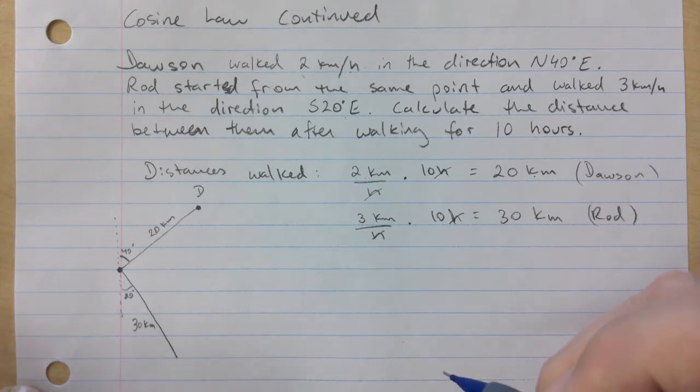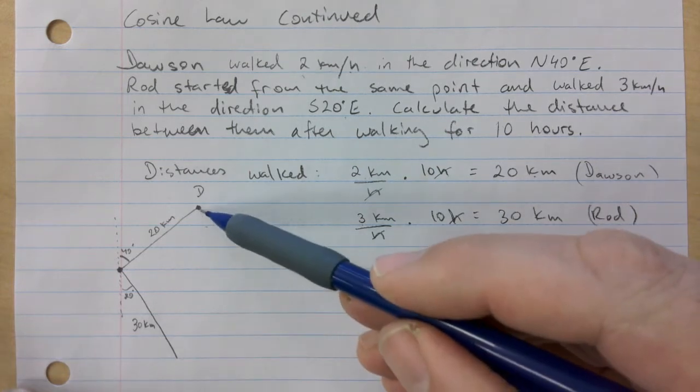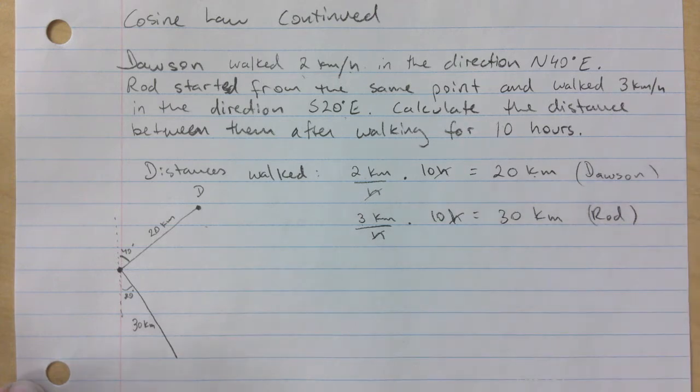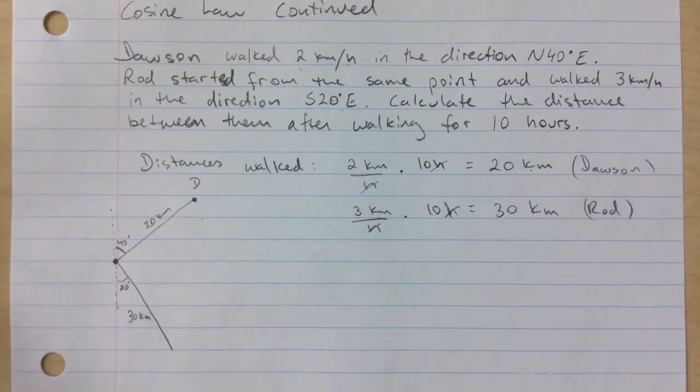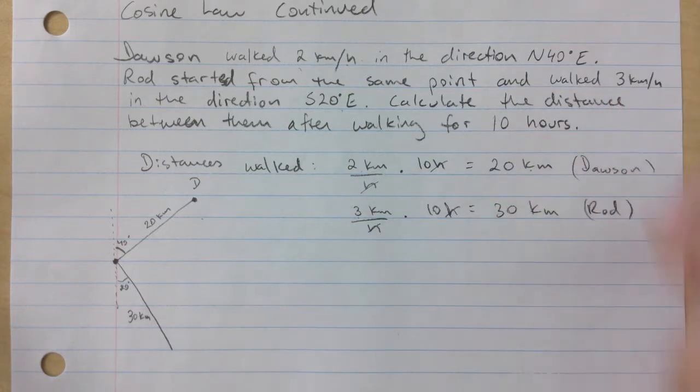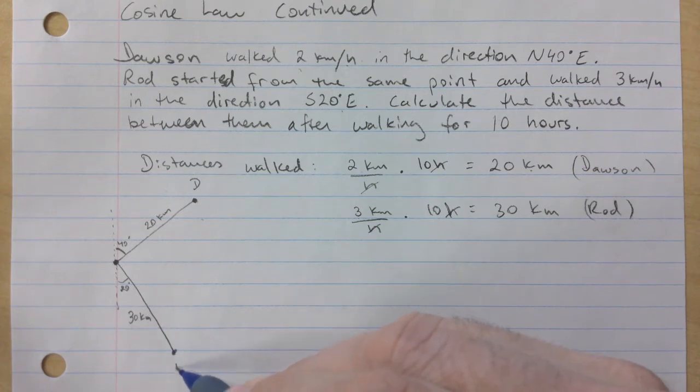And I'm going to make sure that I don't line up with Dawson, right? Because the question does not say that Rod is walking until he is directly due south of Dawson, or until Dawson is directly due north of Rod. There's nothing mentioned that they're perfectly lined up. So I'm going to stop it here. I'm going to call this R for Rod.